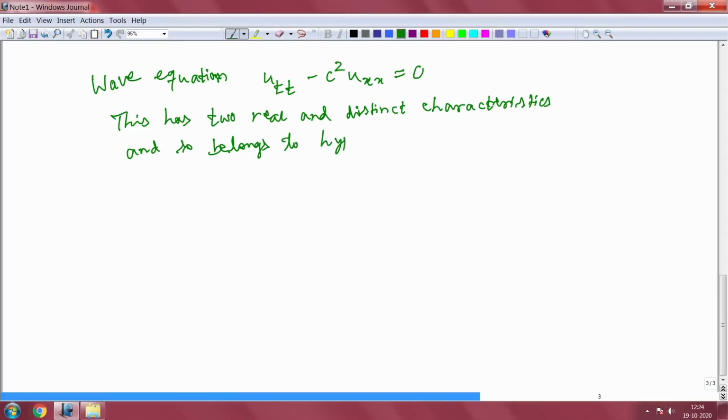So, this is a typical example of a hyperbolic equation.